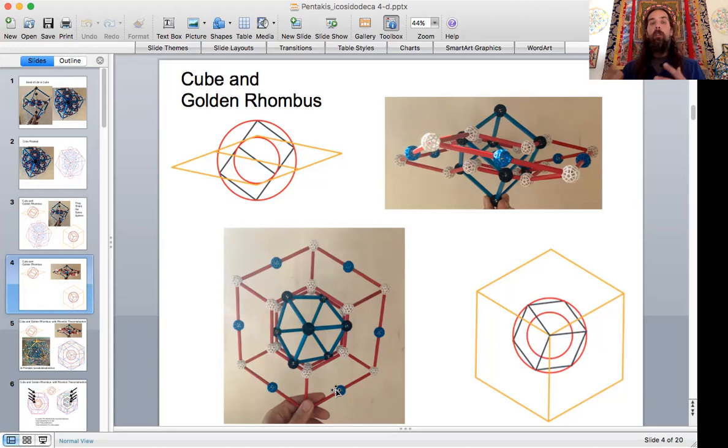So you've got golden rhombuses in various different sizes, but what I'm trying to point out is that they're interacting with the cube in a way that they share this same size sphere. It's kind of like the Merkaba, the star tetrahedron that many meditators who focus on sacred geometry visualize themselves within.